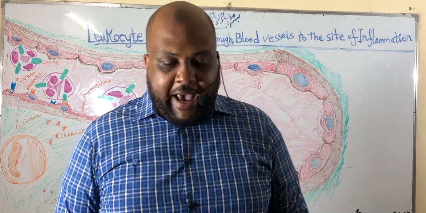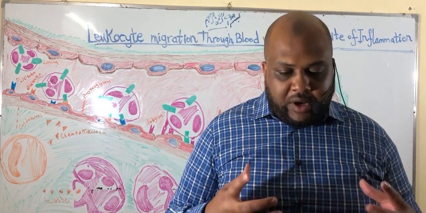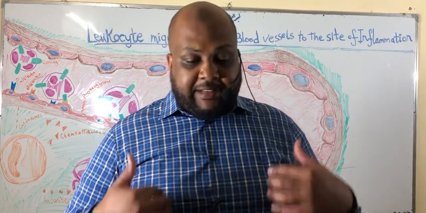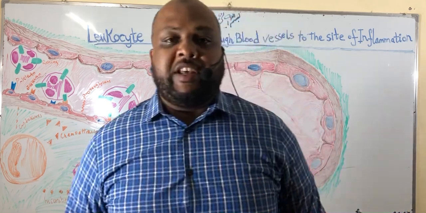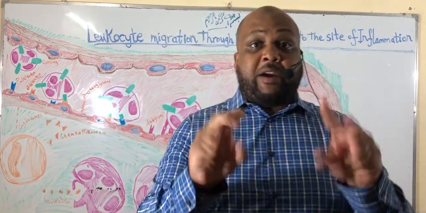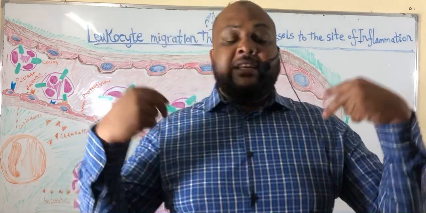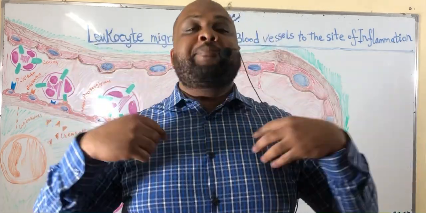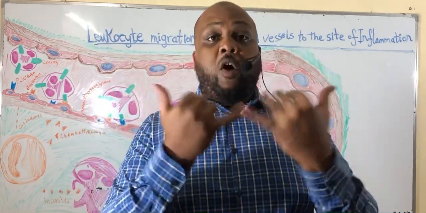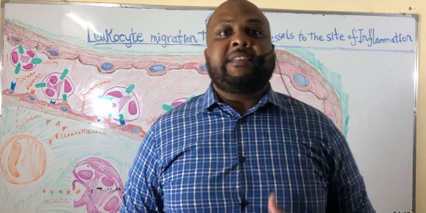So now what happens is we have receptors that begin to be expressed in the endothelium. When these cytokines are released by the macrophages during inflammation, the endothelium begins to retract and begins to express on the surface of itself these selectin proteins.